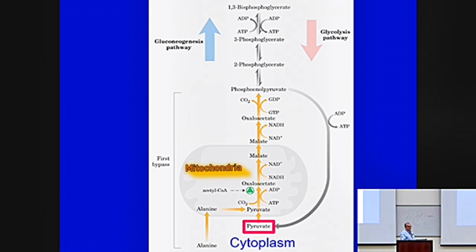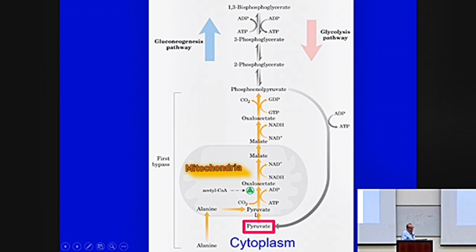It can actually be produced from other sources, like alanine, the amino acid, or lactate that went to pyruvate in the cytoplasm.